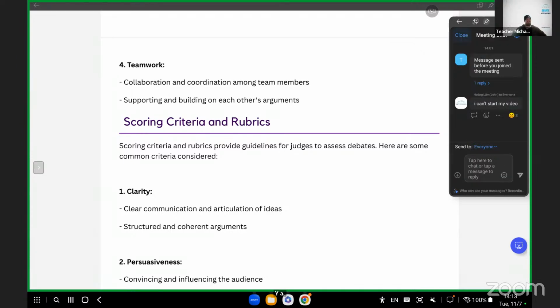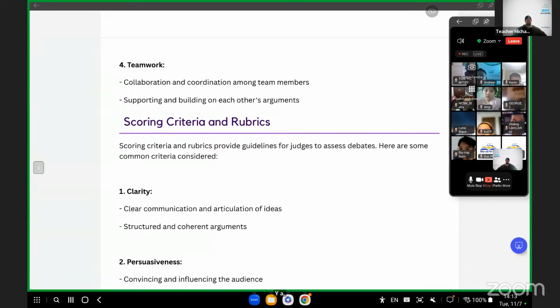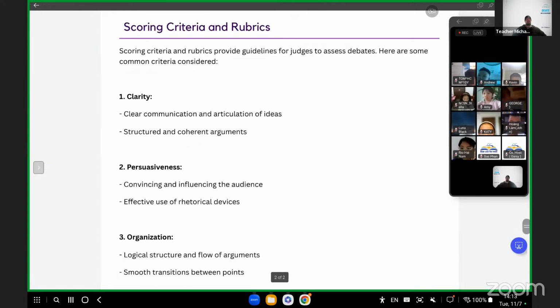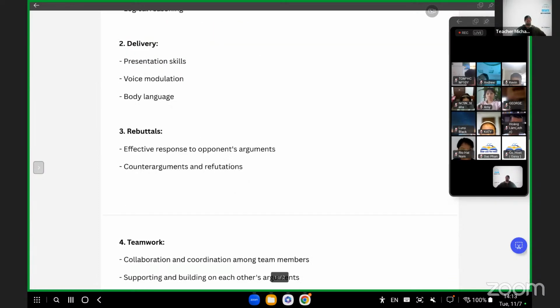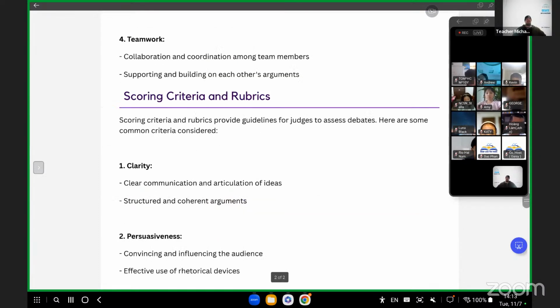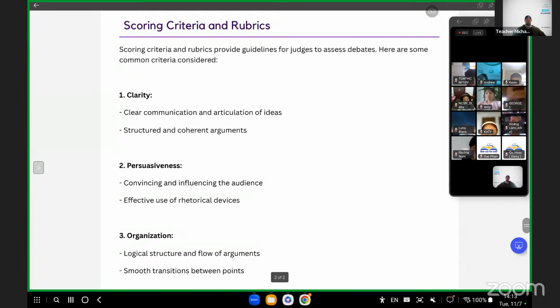Awesome, that's fantastic, guys. So the next thing that we need to talk about is the criteria. When we look at what we've just talked about, the criteria is how the judges actually mark your arguments or mark what you've said.